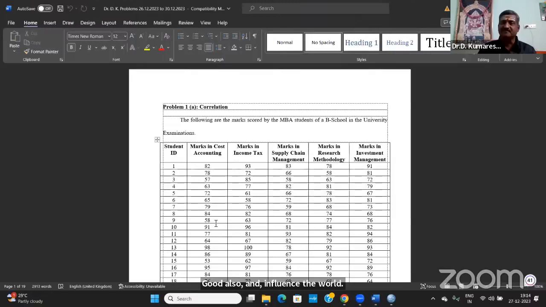The other independent variable I told you is study hours: how many hours, how many days you have spent for preparation. It is collected as scale data. So the independent variable in this case is scale data.